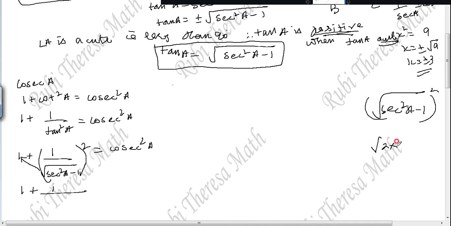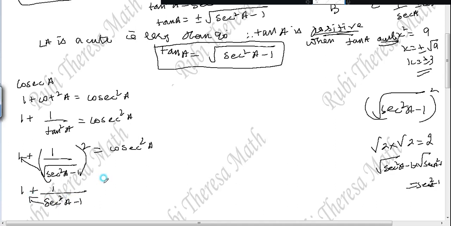That is root 2 into root 2, what will you get? 2. Similarly, root of secant squared A minus 1 into root of secant squared A minus 1 is equal to secant squared A minus 1. So you write it here, secant squared A minus 1.